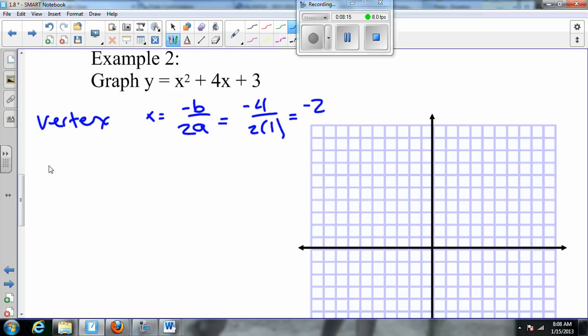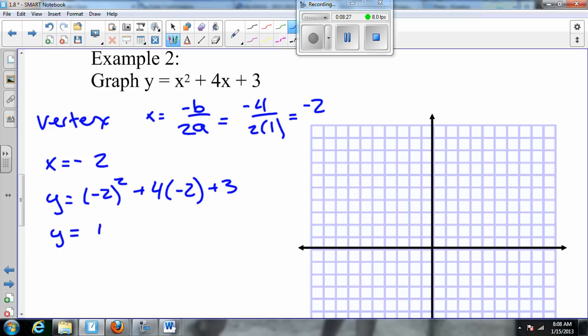Now we plug in negative 2 for x and find our y. So we get y equals 4 minus 8 plus 3, so y goes to negative 1. So our vertex is at negative 2, negative 1.